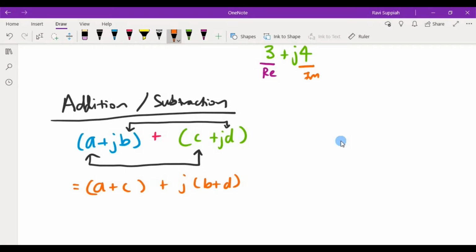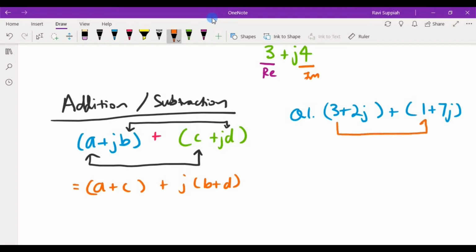Now let's try an example here. 3 plus 2j, add with 1 plus 7j. In order for us to perform this addition, the real parts will be added together and the complex parts will be added together.